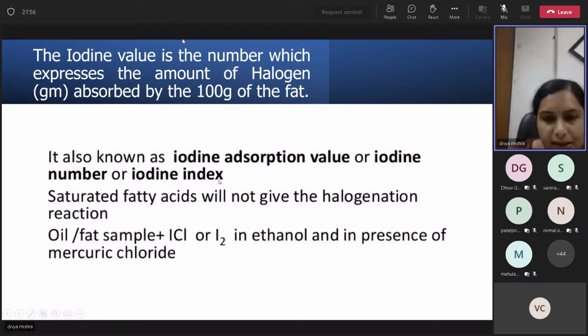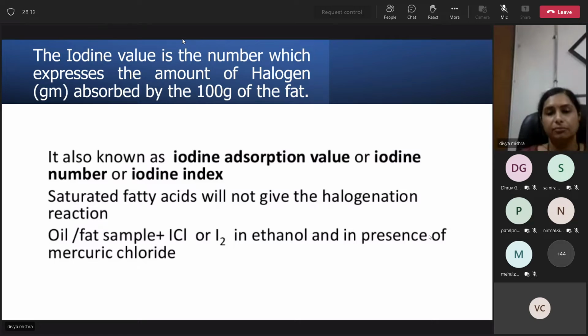Since it is a halogen, saturated fatty acids will not absorb it. They will not give this halogenation reaction here. But those which are unsaturated fatty acids will absorb it. And by their absorption process, we can determine that amount. So this becomes significant for us to determine the degree of unsaturation present in the fat.